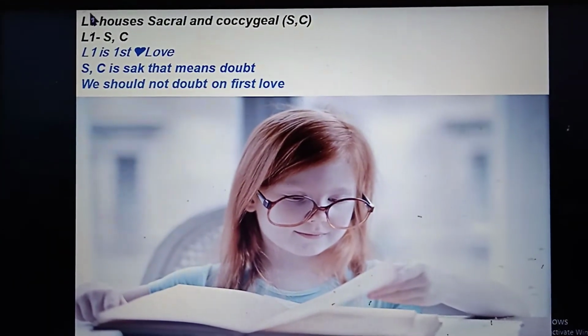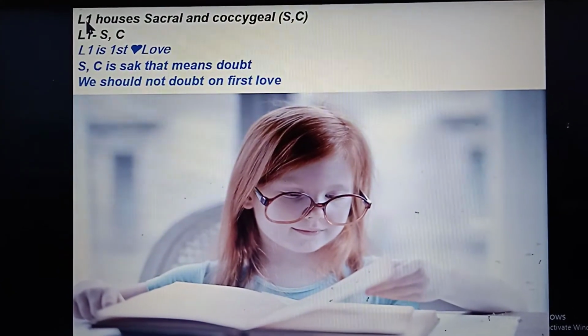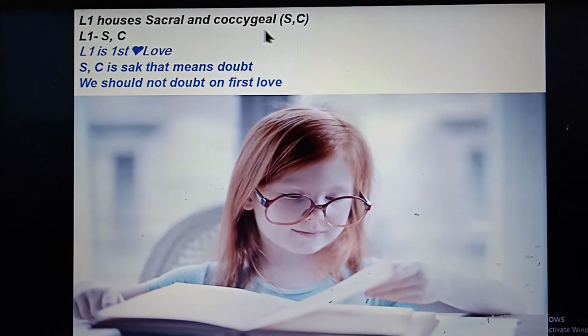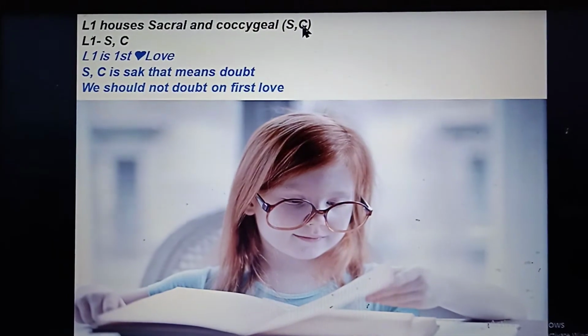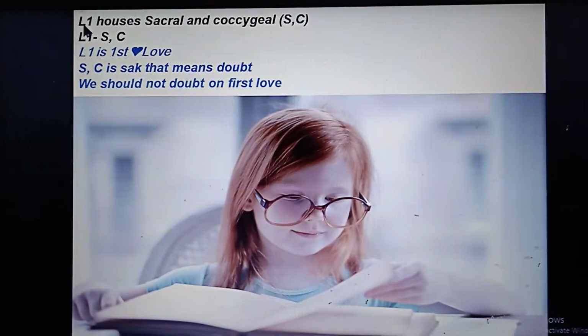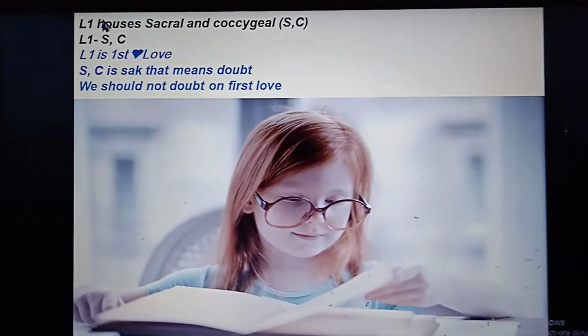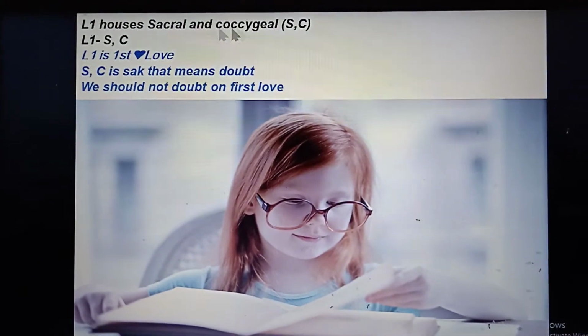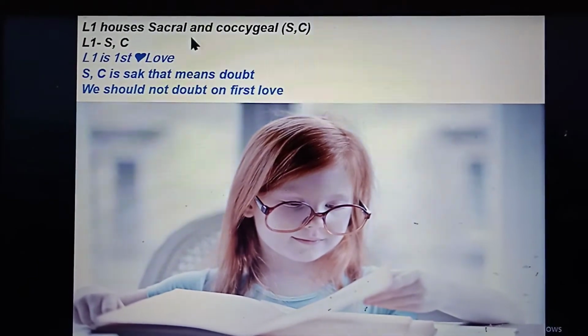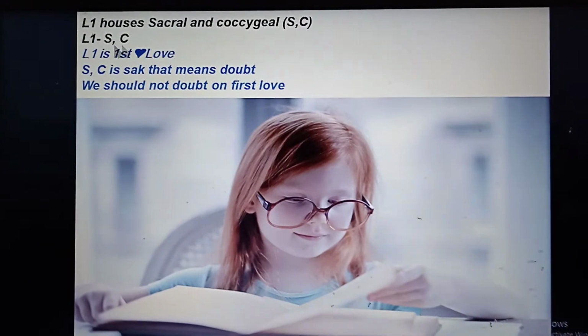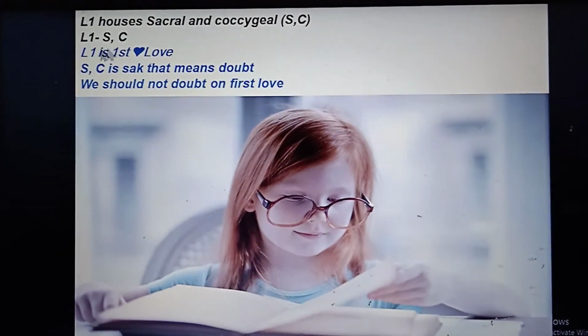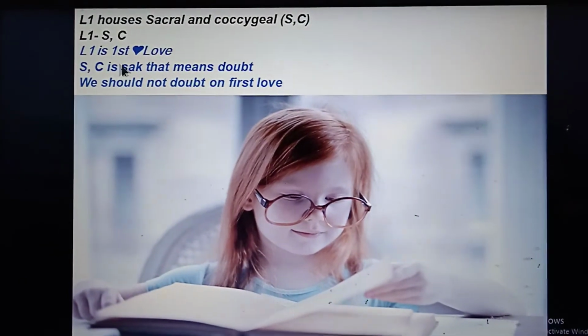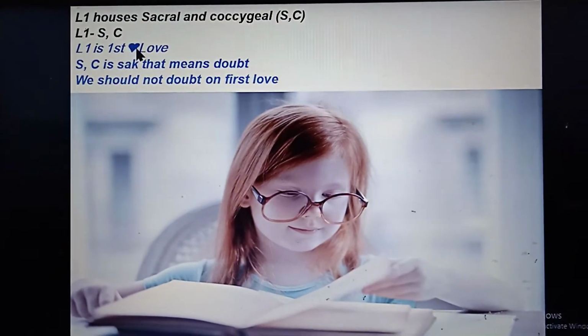L1 houses the sacral and coccygeal spinal segments. We all know that at the L1 vertebra level the spinal cord ends, and it houses the sacral and coccygeal spinal segments. So L1 SC. L1 is first love.